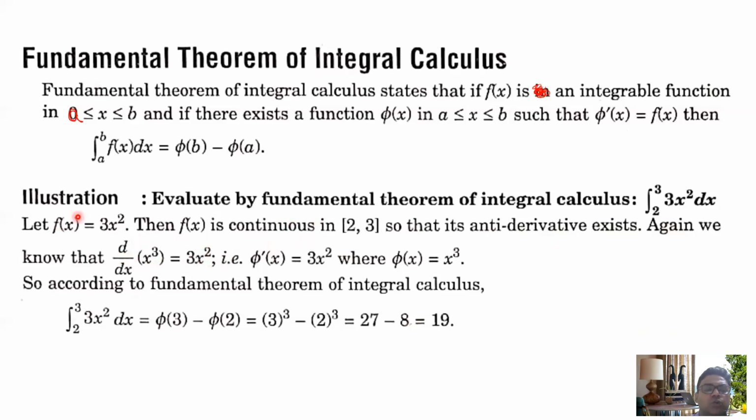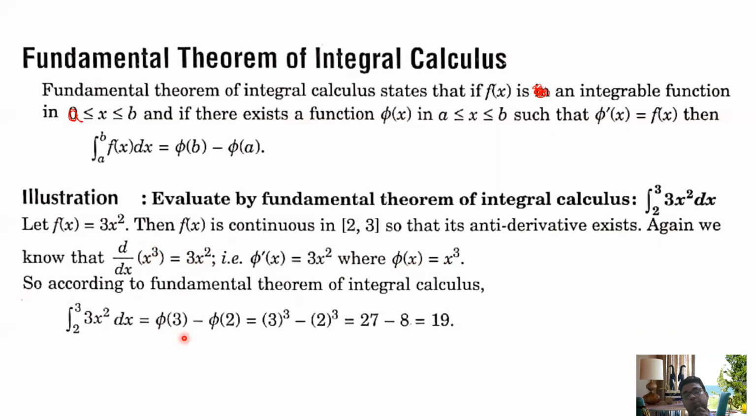So this is your function, because from the statement of the fundamental theorem, f(x) is nothing but φ'(x). So you should know what φ'(x) is. Here φ(x) equals x³, because after differentiating x³ we have 3x².